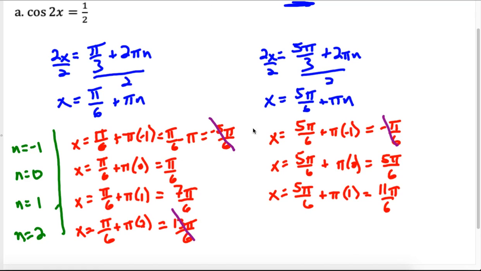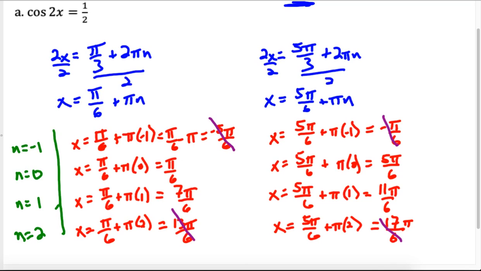Something similar will happen over here. 5 pi over 6 plus pi times 2 would be 12 pi over 6 plus 5 pi over 6, 17 pi over 6. And again, that is outside of the range 0 to 2 pi. So we have 4 answers. And I should mention the way that we know we're done finding answers is when we get a situation like this, where we plug a value of n in and neither of those work.